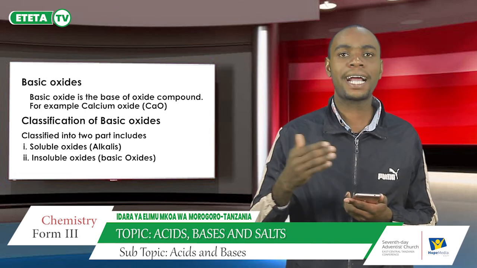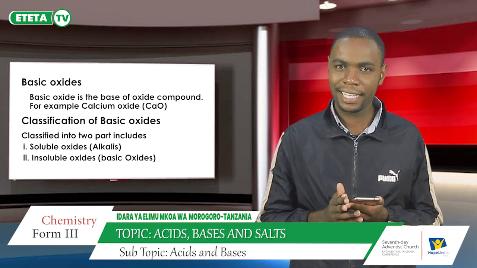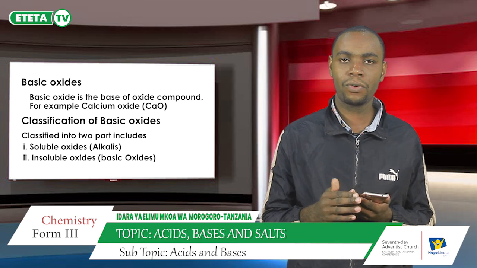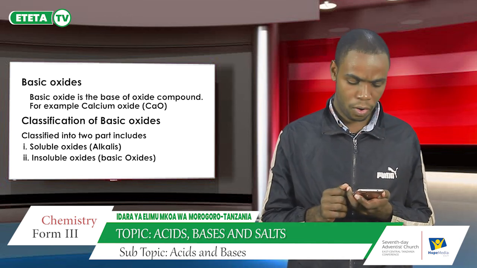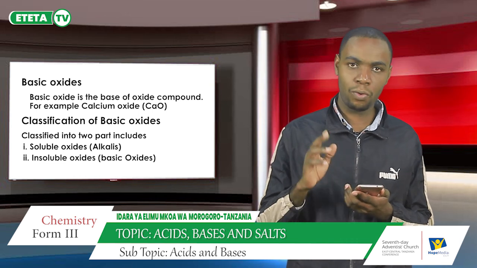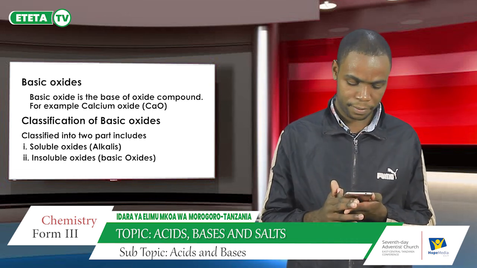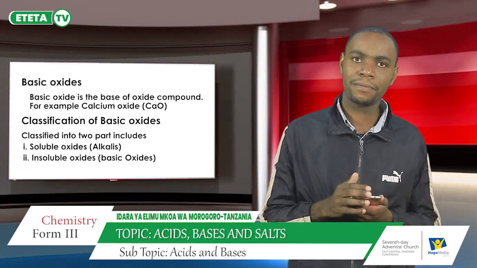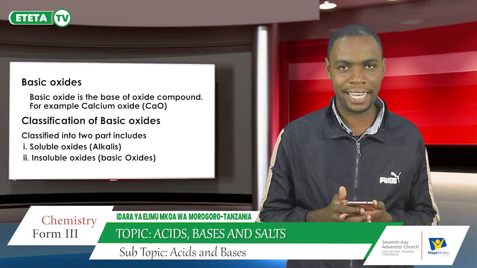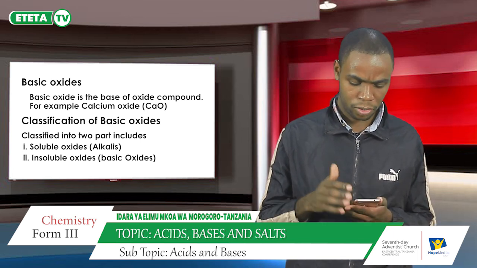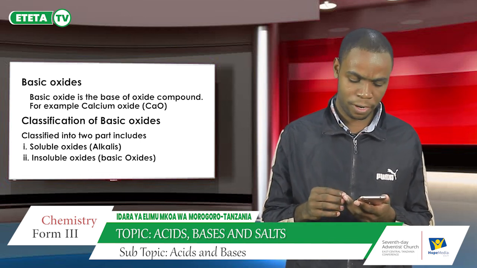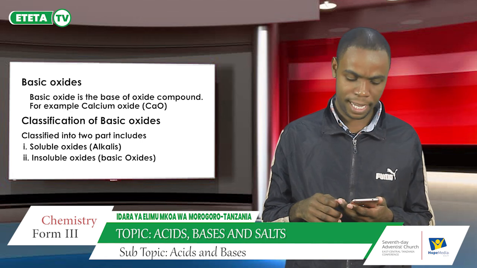For example, calcium oxide and sodium oxide are examples of basic oxides. Also, there are two classifications of basic oxide: soluble oxide and insoluble oxide. Soluble oxides are called alkalis and insoluble oxides are called basic oxides.